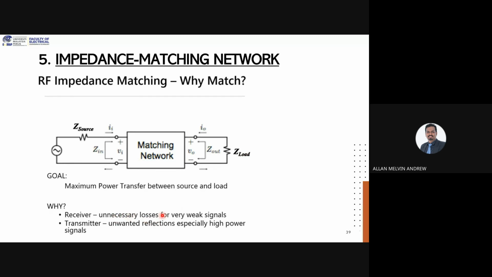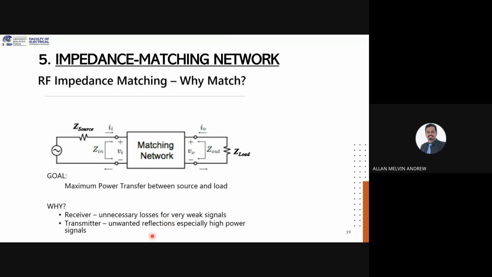Unnecessary losses meaning losses that we can prevent. Okay, so we need to make sure of this. And in the transmitter part, we don't want unwanted reflection, especially of a high power signal, because when you are sending something, you don't want the signal that you are sending to be rejected. You are sending from the transmitter, you don't want it to come back.